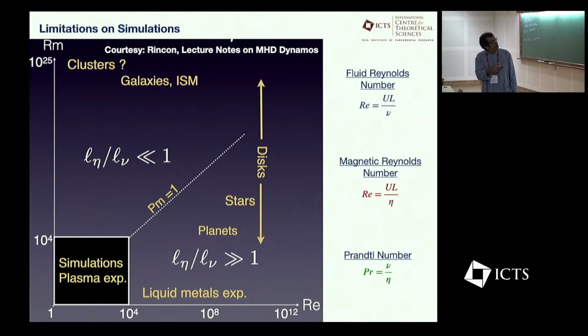Most people working on these problems would be interested in either this regime or this regime. Simulations and plasma experiments, such as the VKS, are confined to this bottom corner. To study things at those scales, you do simulations, but not with the full MHD equations.